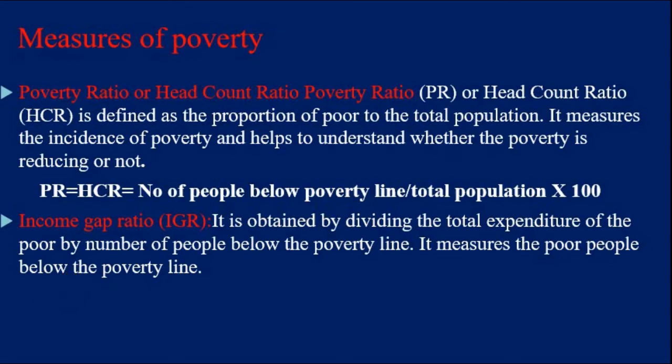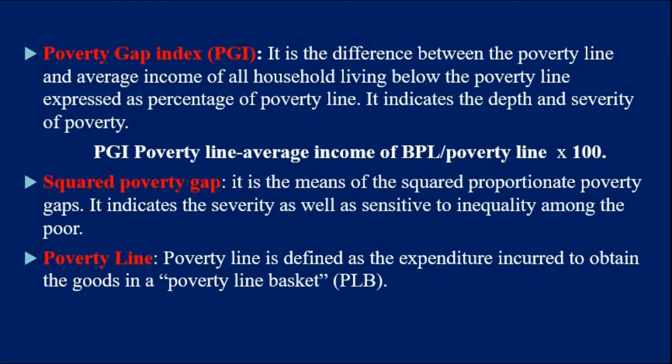Then the other one is the poverty gap index. It's very simple. The difference between the poverty line and the average income of all households living below the poverty line. So what is the poverty line? The poverty line is defined as the expenditure incurred to obtain goods in a poverty line basket.